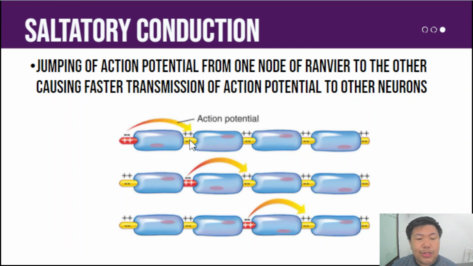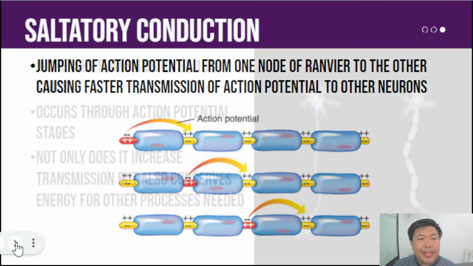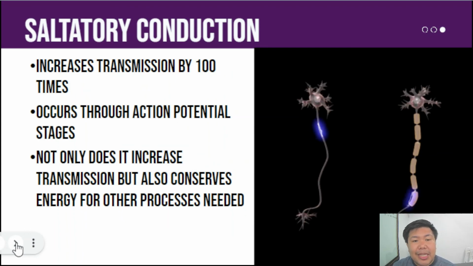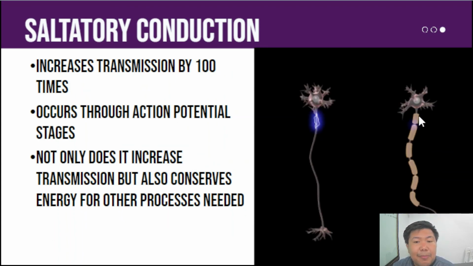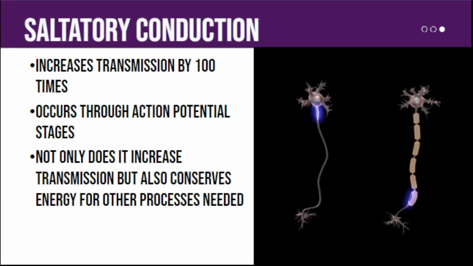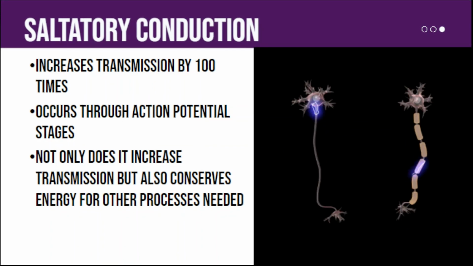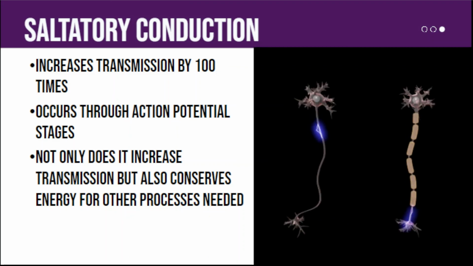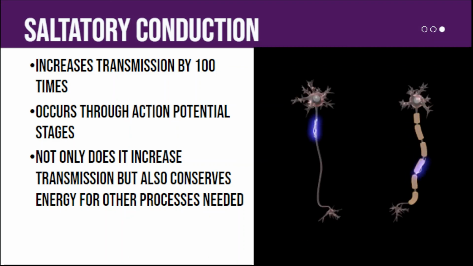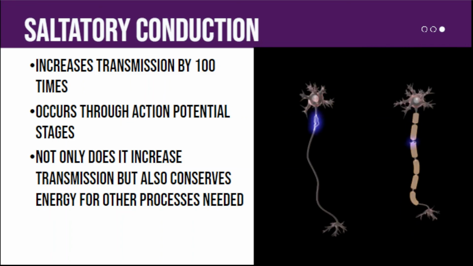And because of that, there is a seemingly jumping appearance of the signal. So I think you'll be able to better appreciate it here, no? You no longer need to depolarize the entire length of your axon. You only depolarize the unmyelinated parts. Unlike here, where you have to depolarize the whole axon, which is why it takes so long.